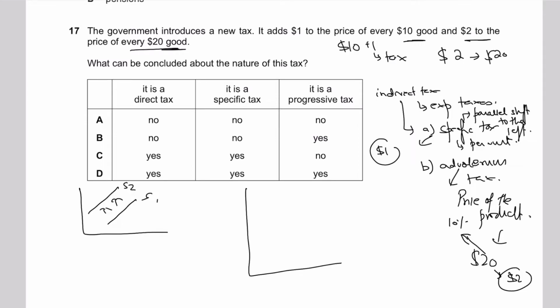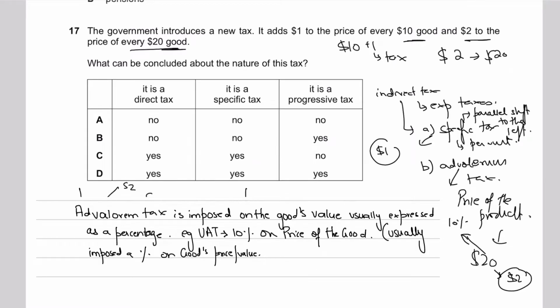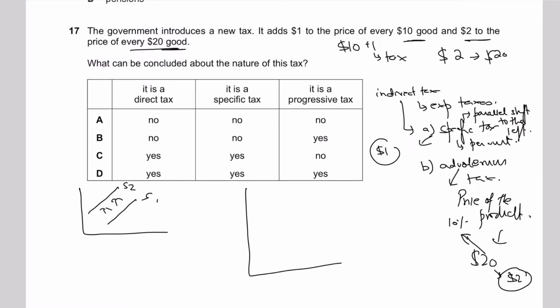So whenever a percentage or a specific number is imposed on the price of the product, that is an ad valorem tax. And remember, the higher the price, the greater would be the ad valorem or indirect tax imposed on the firm.